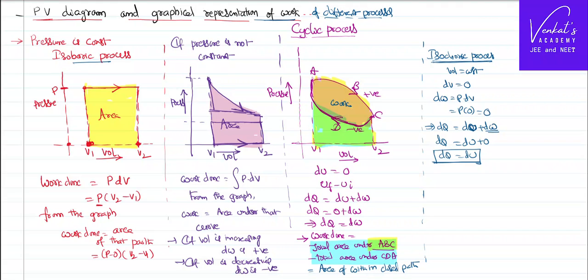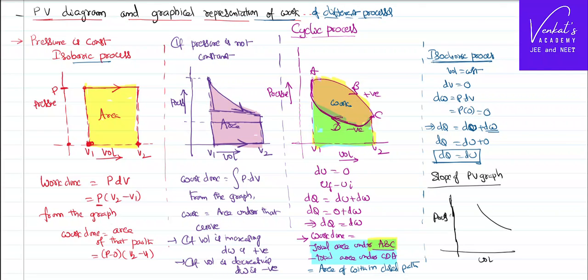Right? As we have started with this, I just want to conclude by saying one more small thing about the slope of the PV graph. When you draw a graph between volume and pressure, we have learned about two kinds of processes.